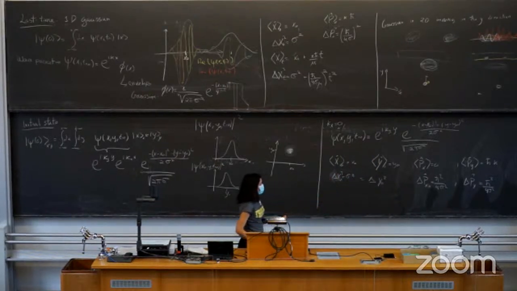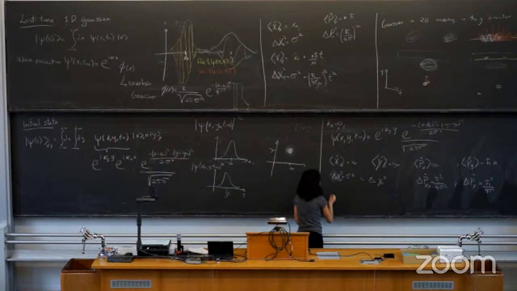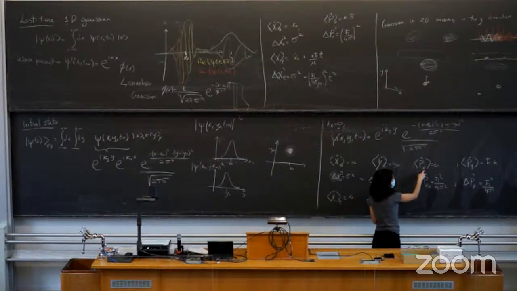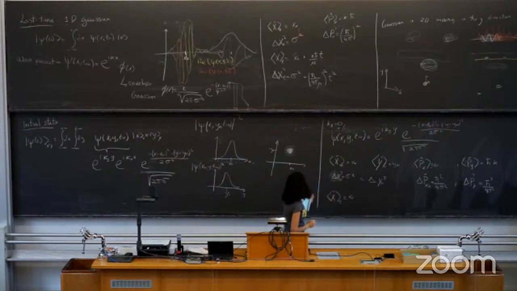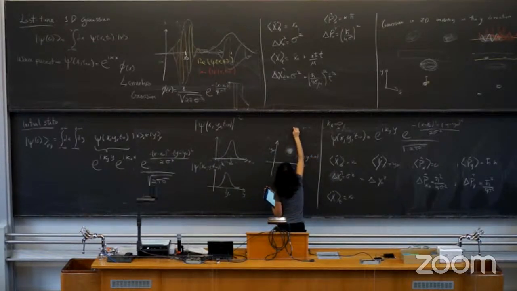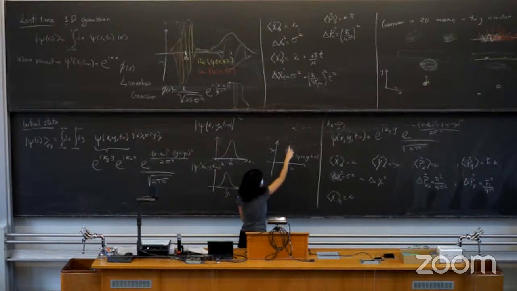So we can just do directly that. x at time t is x0 plus the momentum in the x direction times time, but this is 0, so that's just x0. So if this was y and time equals 0, then we know that it's going to be centered somewhere here. So the x does not change at some time later. Okay.